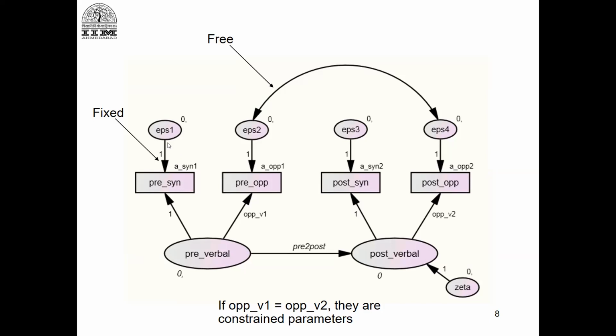The second thing is all the measurement errors, all the paths from this oval to this rectangle, they are all constrained to one, which implies that this measurement error is only associated with this item and not with other items, which is quite logical and intuitive.